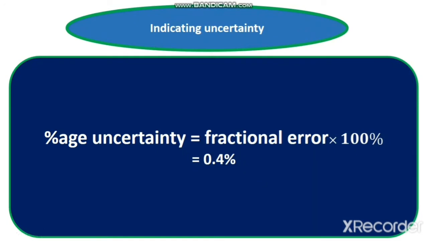Now we can calculate percentage uncertainty. When we know the value of fractional error, we can calculate percentage uncertainty by multiplying the fractional error with 100%. So when 0.004, that is the fractional error already calculated, is multiplied by 100%, it is 0.4%. So percentage uncertainty will be equal to 0.4%.